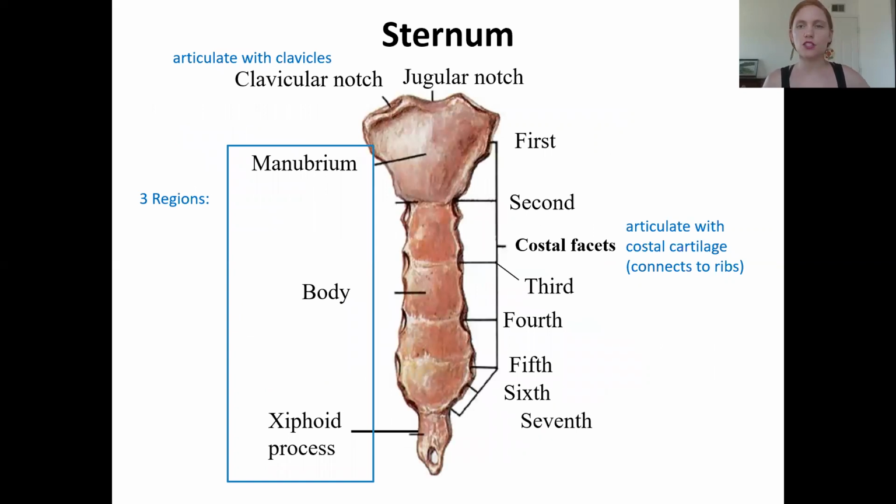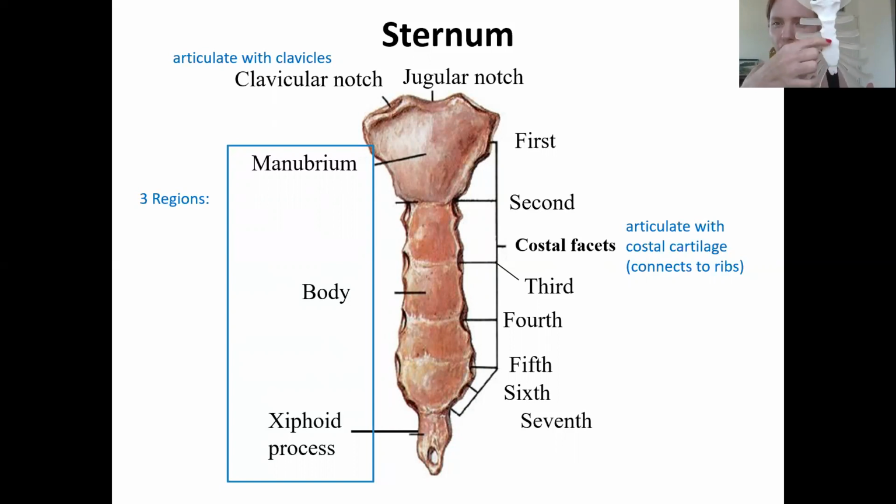Okay, that brings us to the sternum. Here is my sternum here. The sternum has 3 different regions. This top region here is the manubrium, and I like to think of it as making an M shape at the top. See how it kind of looks like an M shape to me? Well, that does to me. That's the manubrium. M is for manubrium, and then right there, that's the boundary.